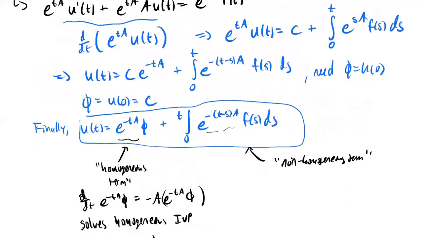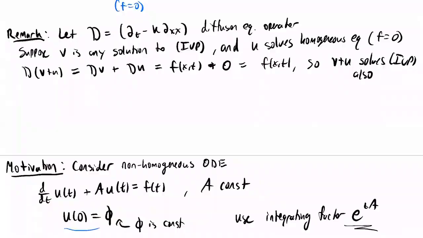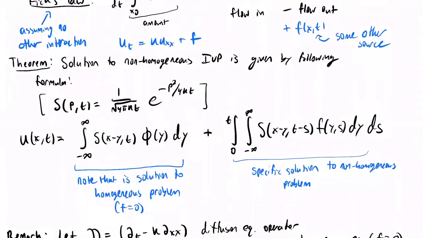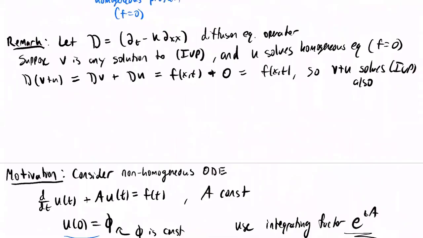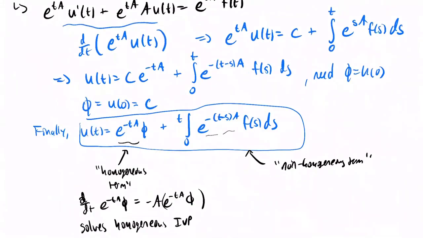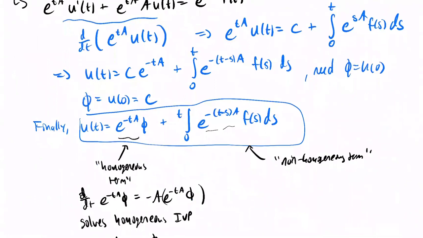And so this is, again, very similar to what we have in the theorem above, right? So this is sort of the motivation for why someone might guess that there's a formula like this. And so what we're going to do is use this observation to motivate the theorem and then to actually prove that the theorem works.